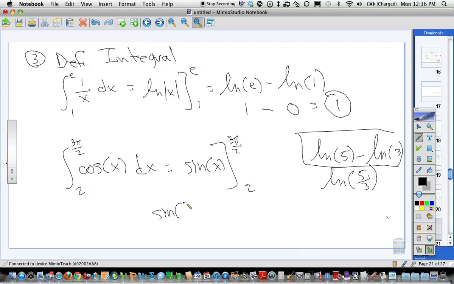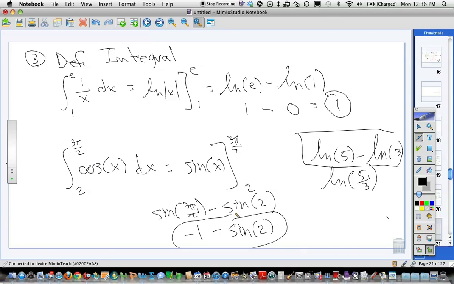Well, what's the antiderivative of cosine? That'd be sine of 3 pi halves minus sine of 2. Now, what's sine of 3 pi halves? -1. Sine of 2 is just some decimal we don't know. So you wouldn't simplify the sine of 2, but you would simplify sine of 3 pi halves.